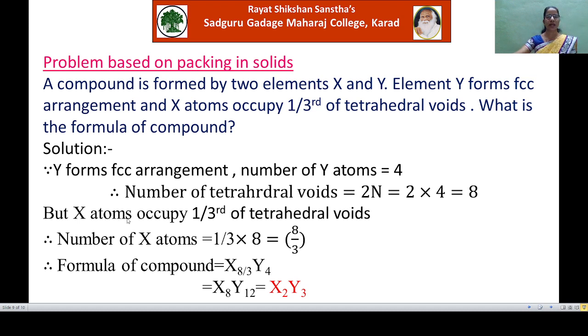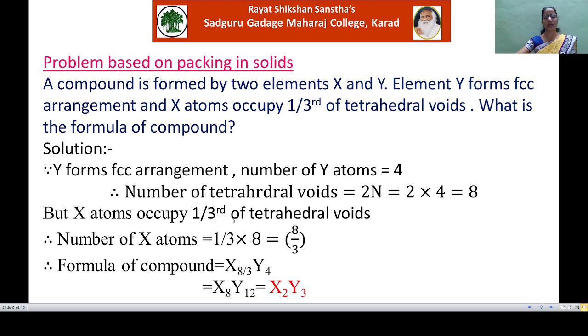Now these X atoms are occupying only 1/3 of the tetrahedral voids, and therefore the actual number of X atoms will be equal to 1/3 into the number of tetrahedral voids, that is 8, that we have counted here, and thus we obtain the number of X atoms as 8/3.